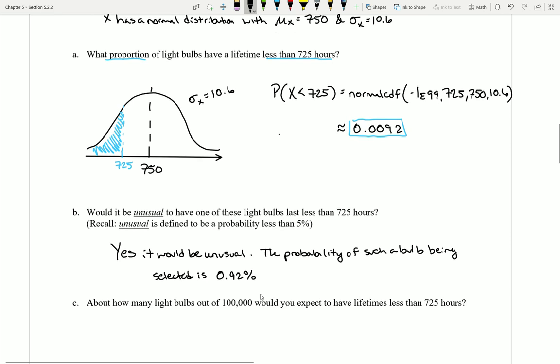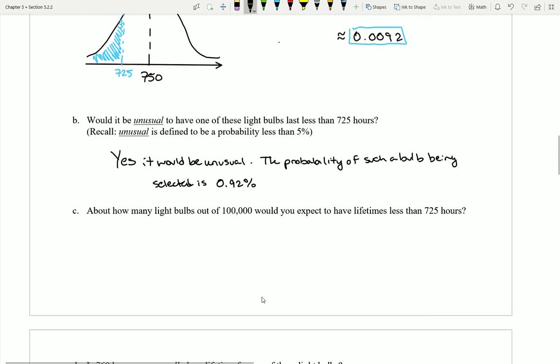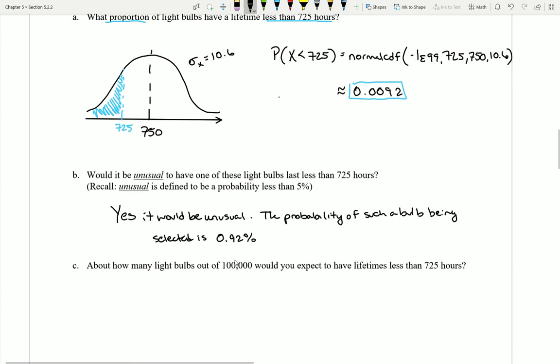Okay, well, now let's take a look at part C. About how many light bulbs out of 100,000 would you expect to have lifetimes of less than 725 hours? Well, this is kind of interesting. We know that the chances of getting one of these light bulbs that lasts under 725 is only about 0.92%, or 0.92% of all bulbs meet this description.